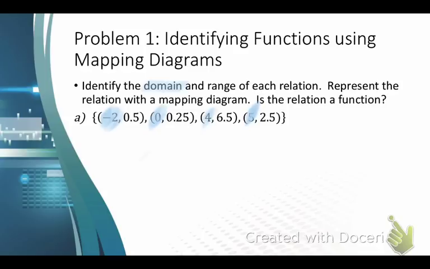So I'm going to go ahead and write those down here. And then in my second piece here, I have my range. Switch to yellow. My range is the 0.5, the 0.25, the 6.5, and the 2.5. So once again, I'm going to list those out over beside here.